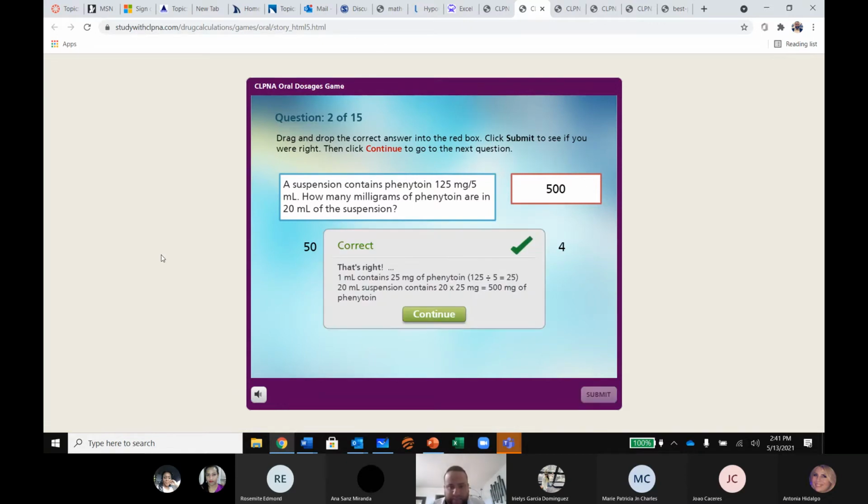Okay, let's check. Good job. 125 divided by 5 is 25 per ml, and then 20 ml of suspension contains 20 times 25, which is 500 milligrams of phenytoin. Got it, everyone?